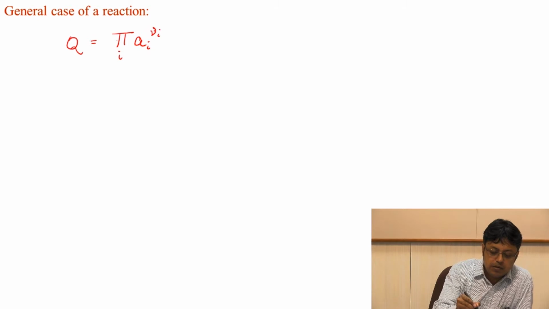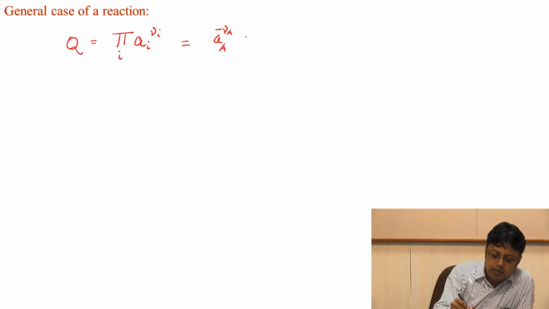So for example, for the reaction which we wrote, first think about the reactants, which had nu A, so we write activity of A raised to nu A, but there was a negative sign, remember.